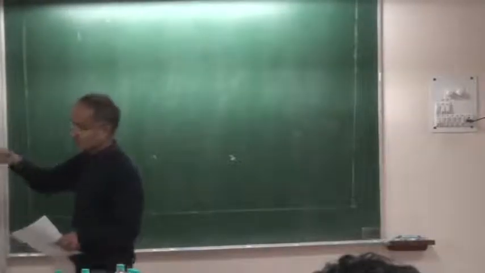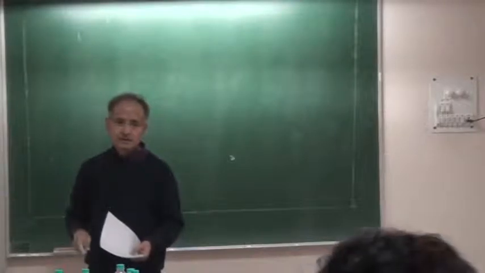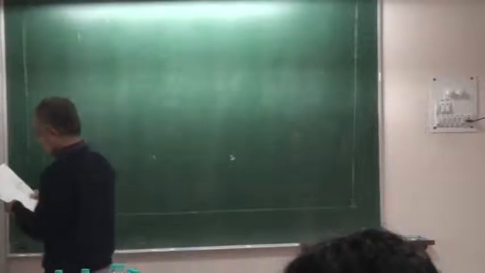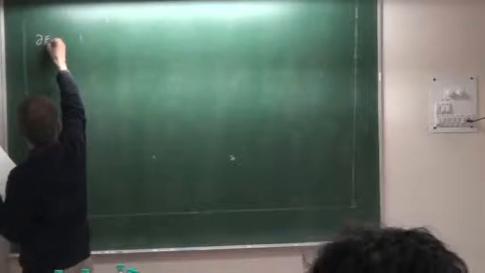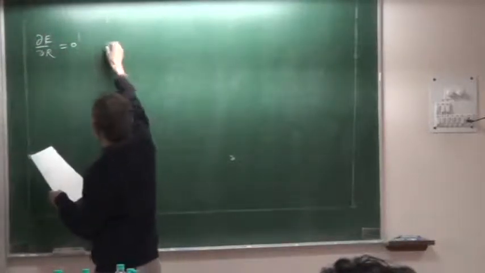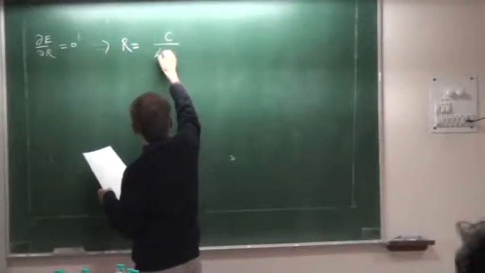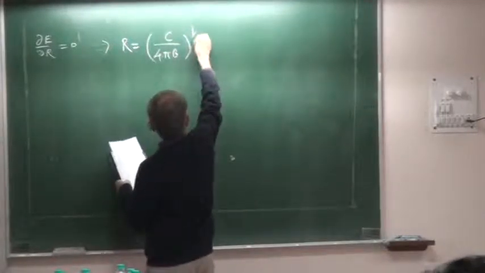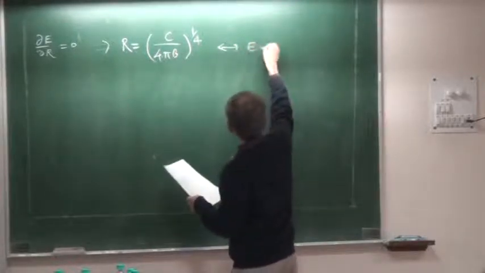And once you find that radius, it will correspond to what energy? That energy would be the mass of the nucleon. So if you do that, write del E by del R equals 0, that would imply the radius is this, and this corresponds to E equals M.